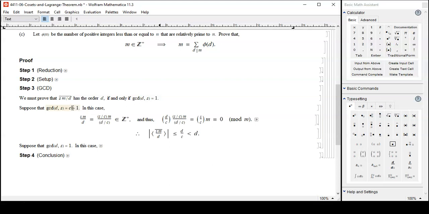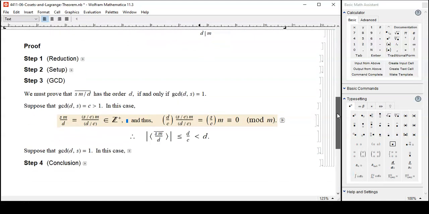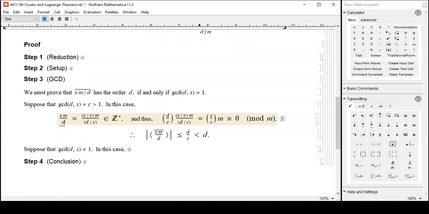GCD is say c, then we can manipulate like this. And let me expand the font so that you can read better. Sm over d, yes, m over d is an integer, so that's an integer. And then divide by c. s is divisible by c, d is divisible by c, so we have this kind of expression. And you may look a lot of fractions here, but that's an integer. All these are integers, actually.